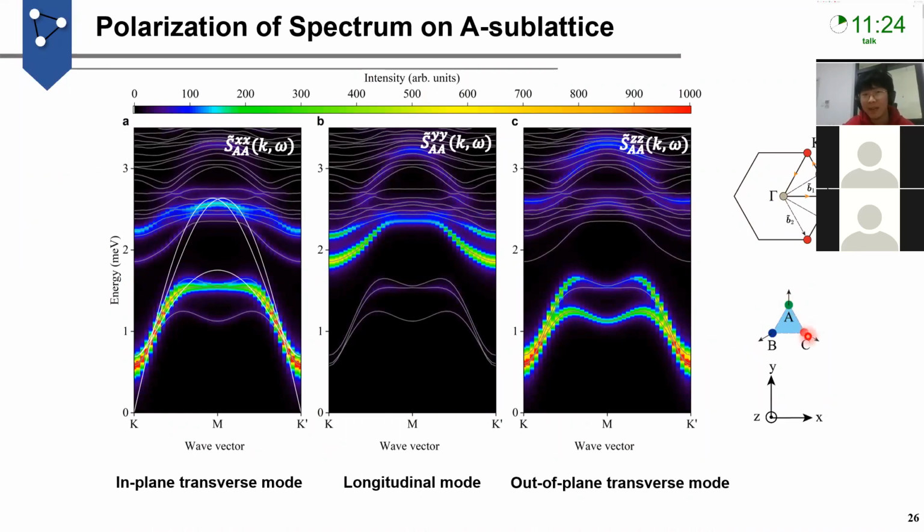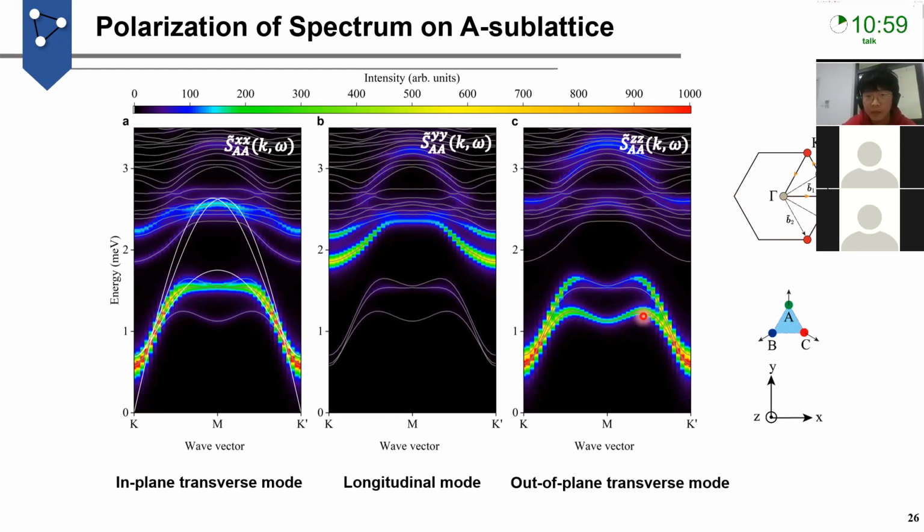The local spectrum is equivalent on the A sublattice, C sublattice, and B sublattice due to the rotation symmetry. The momentum path is chosen along the primitive vector of the magnetic Brillouin zone. It can be clearly seen that the lowest three magnon branches have different origins.